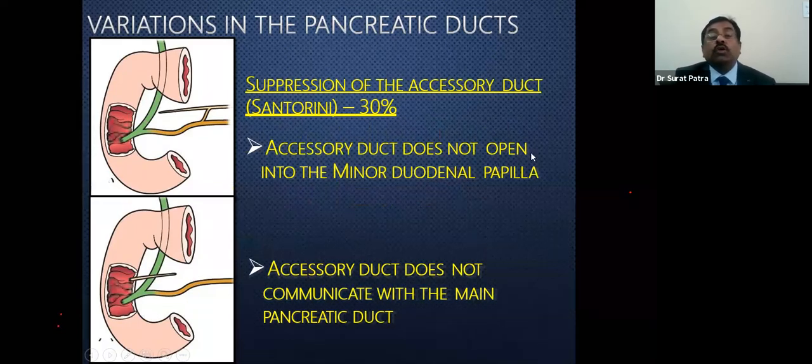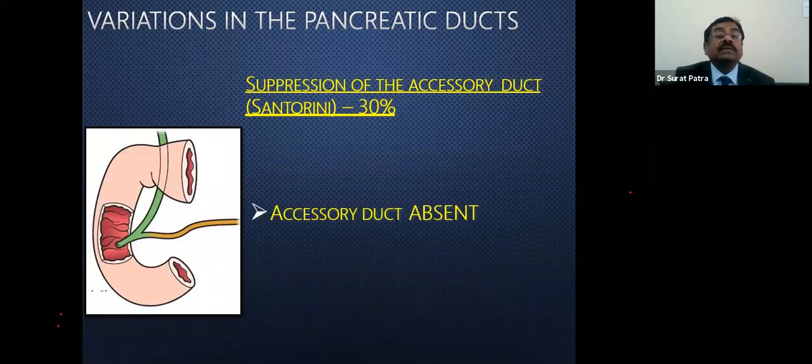The accessory duct doesn't open into the minor duodenal papilla. This picture depicts that. The accessory duct doesn't communicate with the main pancreatic duct. This picture depicts that. The accessory duct in this case could be absent.